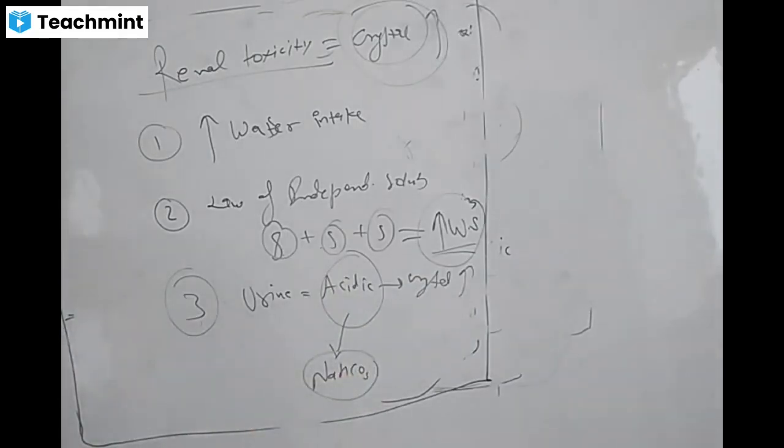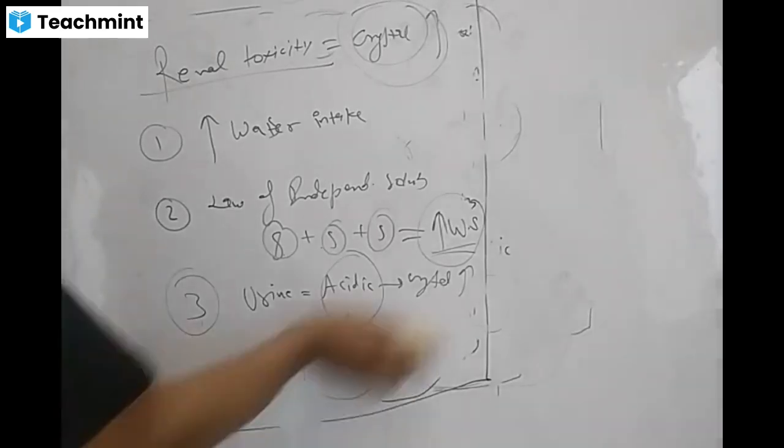So these are the three mechanisms to decrease the risk of crystalluria: increasing water supply, using a combination of sulfas, called triple sulfa if we are using three, and giving bicarbonate to make the urine of dog and cat alkaline. So this acute renal toxicity is very important.